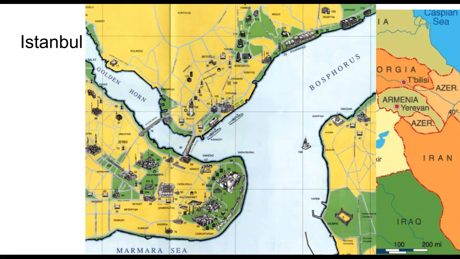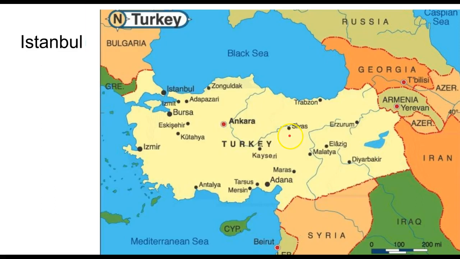Now, the city is essentially built on two waterways, and by building this defensive fort here, they were able to control the flow of goods from the Black Sea to the Mediterranean Sea. And so that became an incredibly influential part, as it was too hard to go this way, with the Caucasus Mountains here.